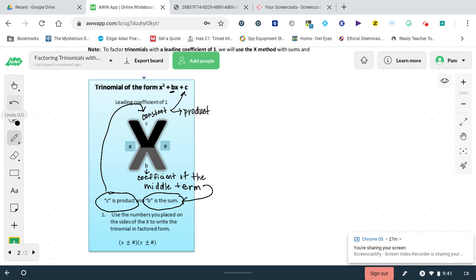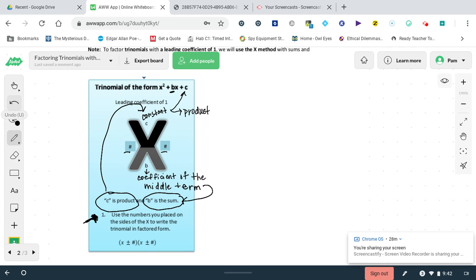All right, look at this where it has number 1. It says use the numbers you place on the sides of the x to write the trinomial in factored form. So notice I got some number, I got some number.